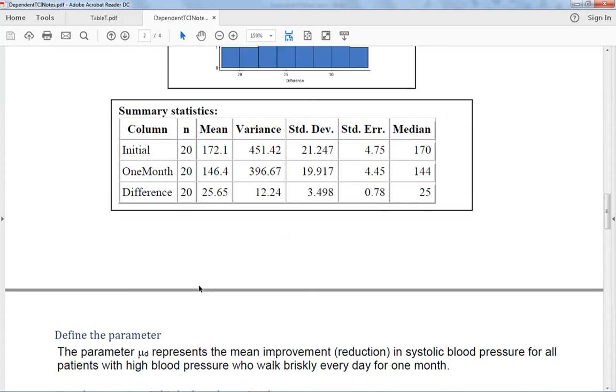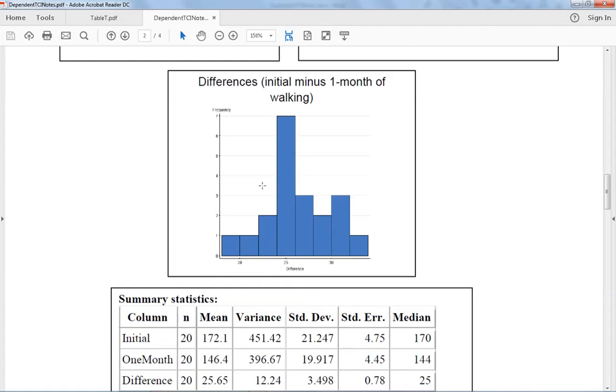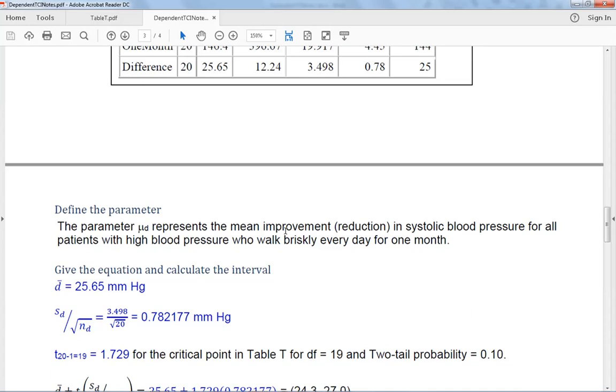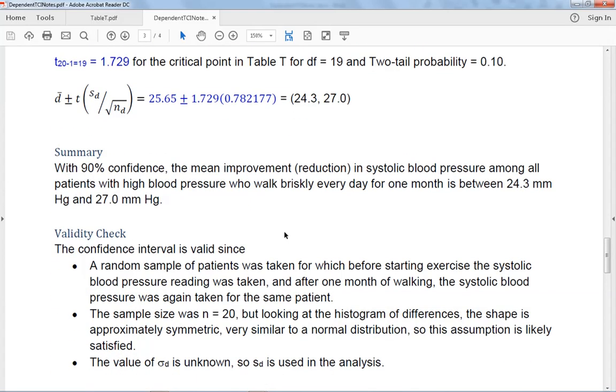And remember, in the histogram of differences we have that large peak in the center, with almost the same number, 3 versus 4 categories on each side. So that's reasonably symmetric, so it's very likely that the differences could be normal. So that assumption likely is satisfied.